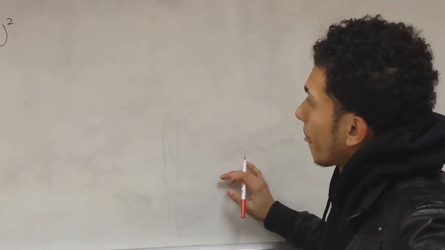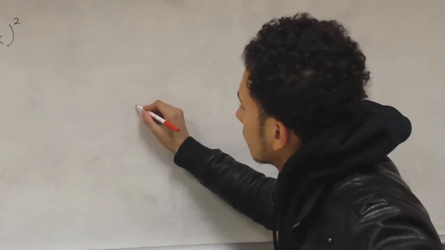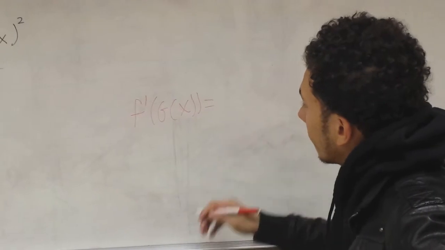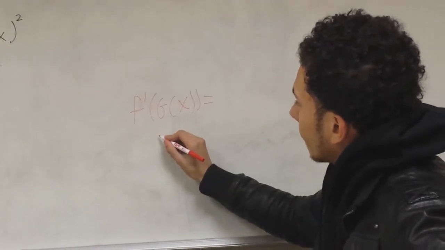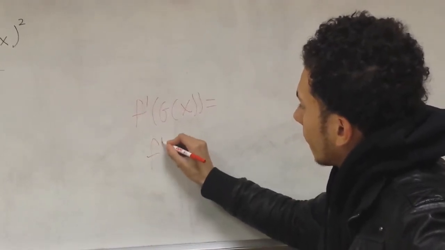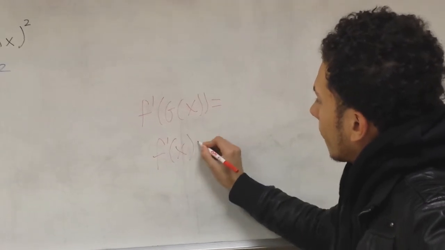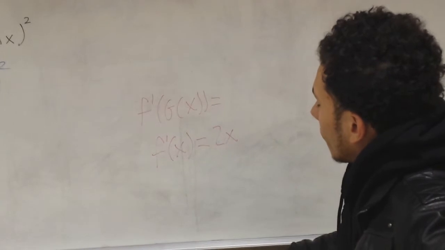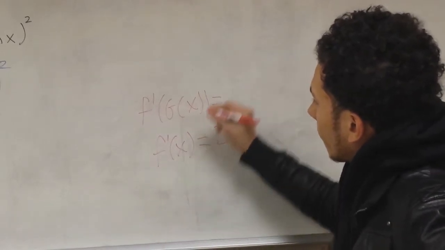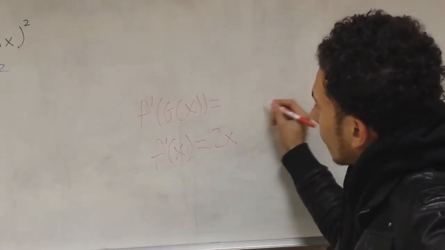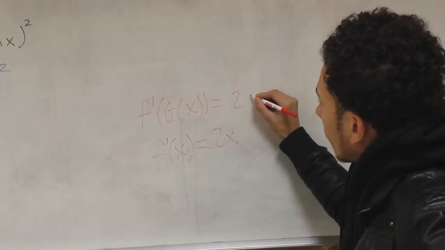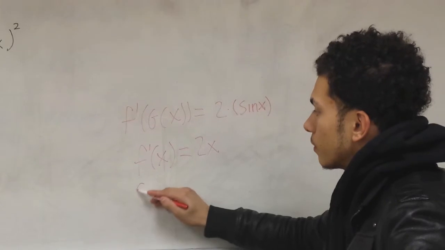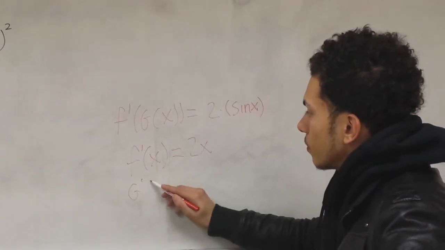Now we'll be finding the derivative of f prime of g of x. f prime of x equals 2x. f prime of g of x equals 2 times sine x. g prime of x equals cosine x.